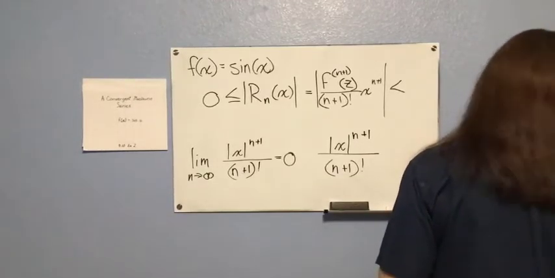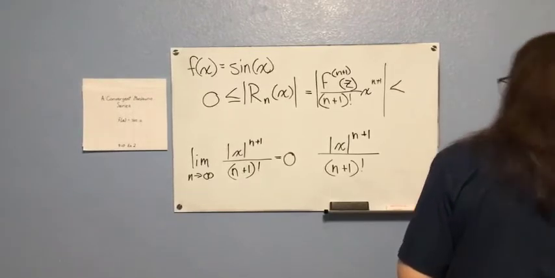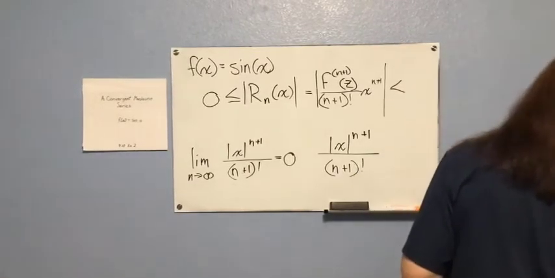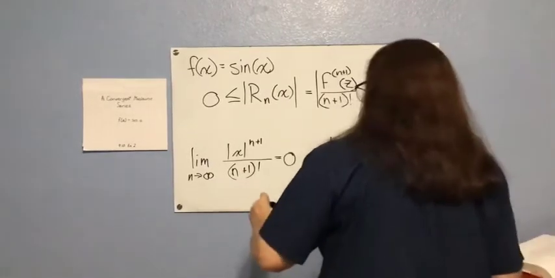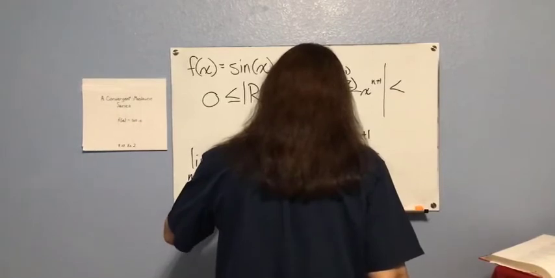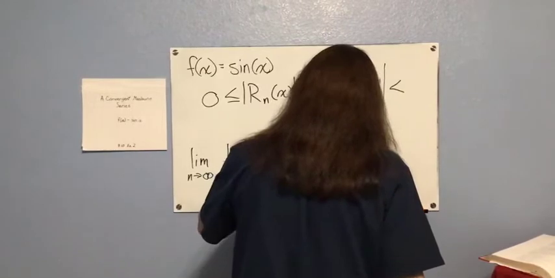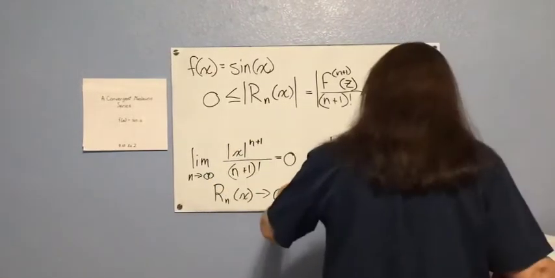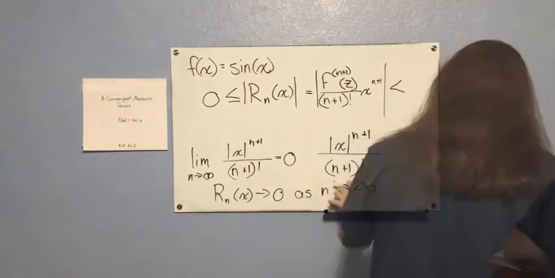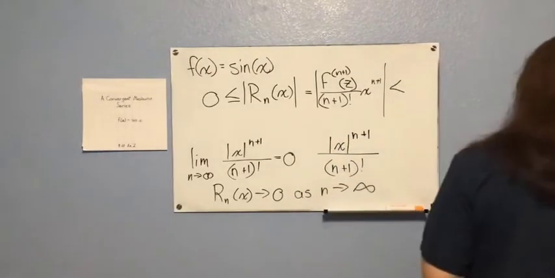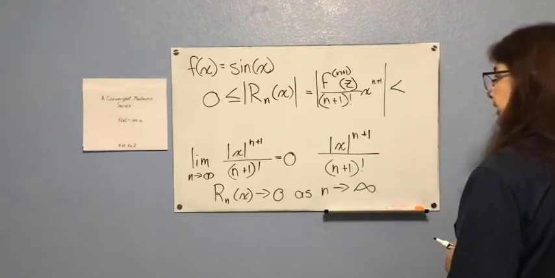Okay, and then we're going to go back to the squeeze theorem, which tells us that for all x, r sub n of x goes to 0 as n goes to infinity. So that tells us that this Maclaurin series is going to converge for all values of x.